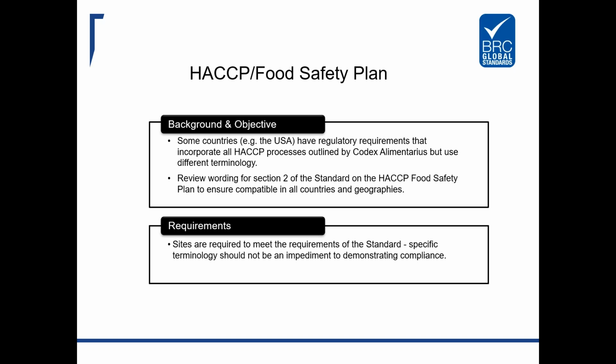You build a system that's structured and named as you see fit, as works best for you as an organization, and as long as it has all of the parts that the relevant FSMA requirements have, or whatever regulations you fall under, and the BRC requests, we don't care about the structure, color, labels, names, anything like that. So it's just a reiteration of, we don't care what it's called.